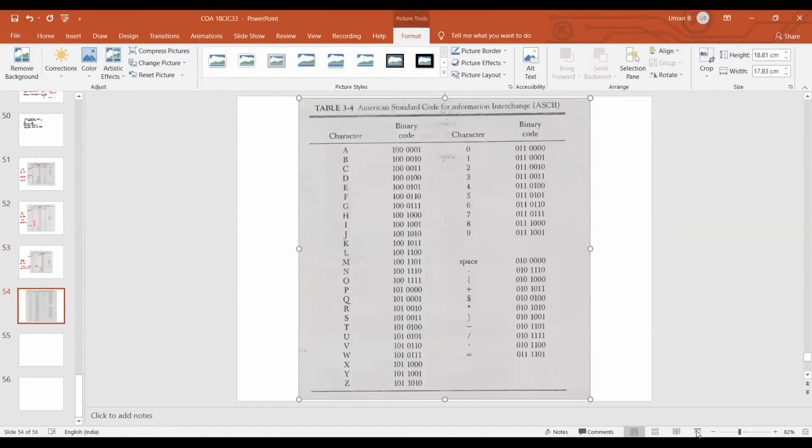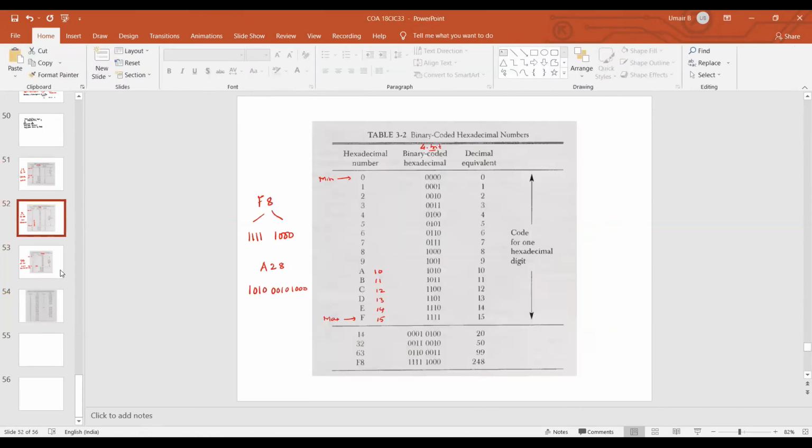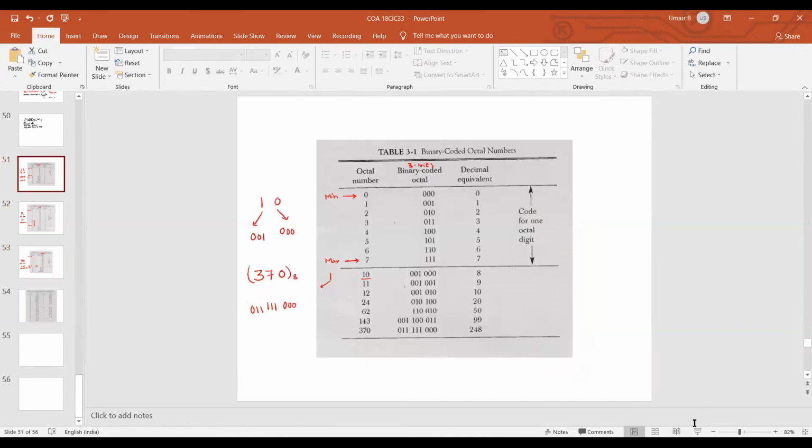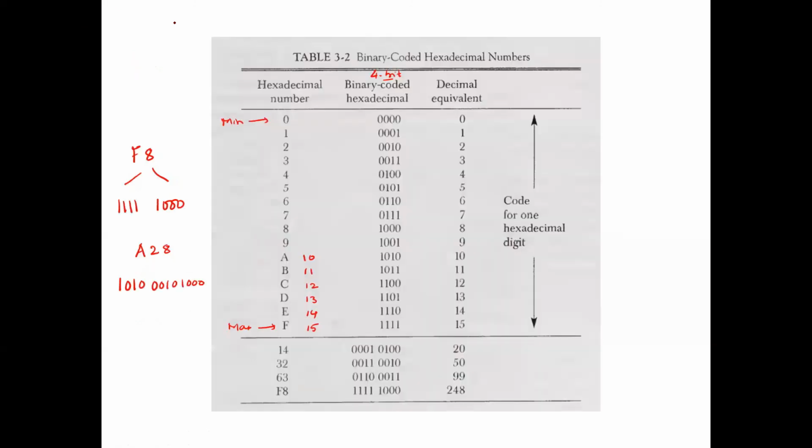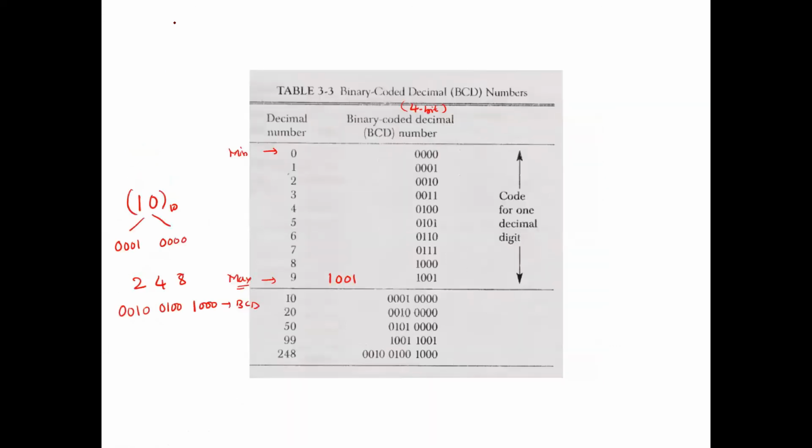As I said, the binary coded octal, binary coded hexadecimal and binary coded decimal are only converting digits, and you are going to code only the digits part in this. In octal, you are able to code digits 0 to 7. In hexadecimal, you are able to code 0 to 9 and A to F, not apart from this. And in decimal, you are able to code 0 to 9.